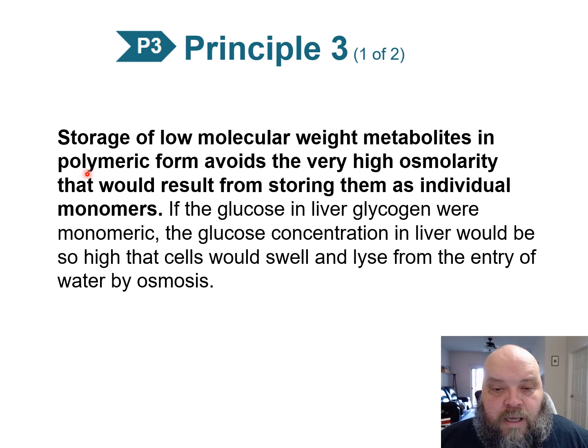So as we see, the polymer form avoids high osmolarity. Inside the cell, that one polymer is 1 in, 0 out, as opposed to a million in, 0 out, and then water has to try to balance. We see that has less of an impact on osmolarity or diffusion.